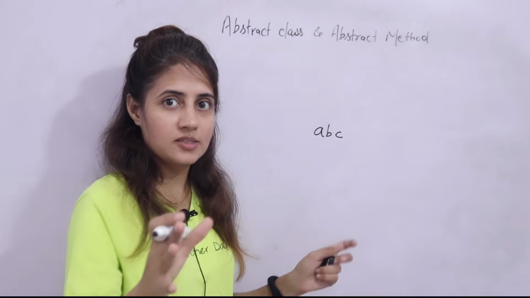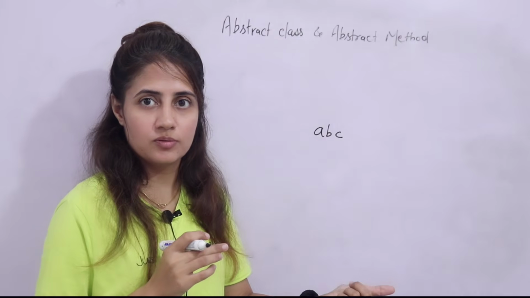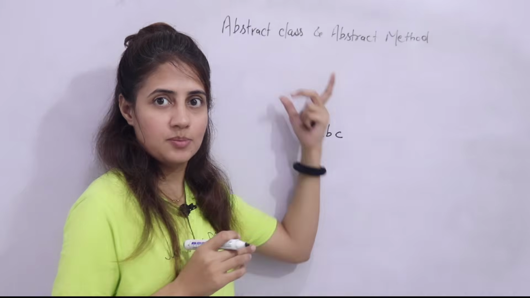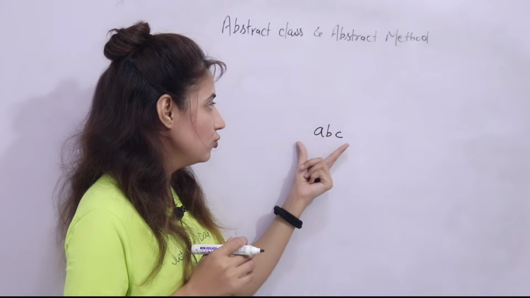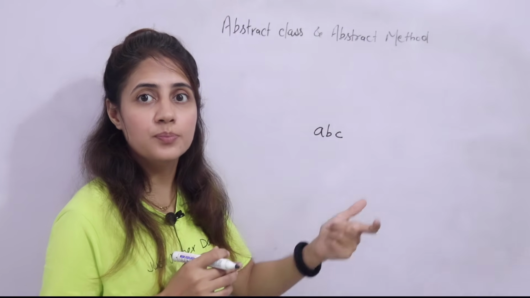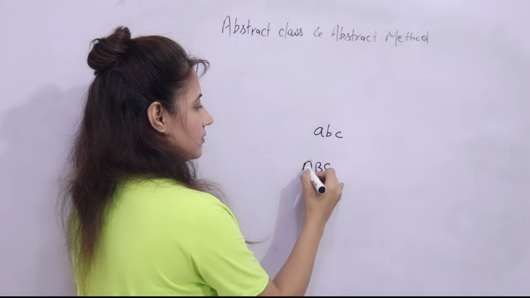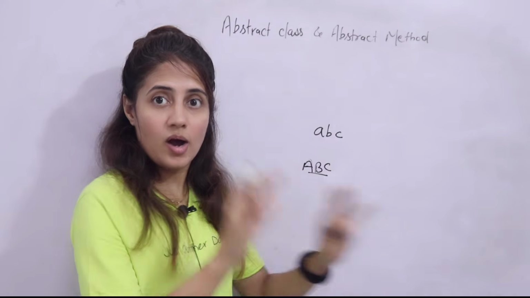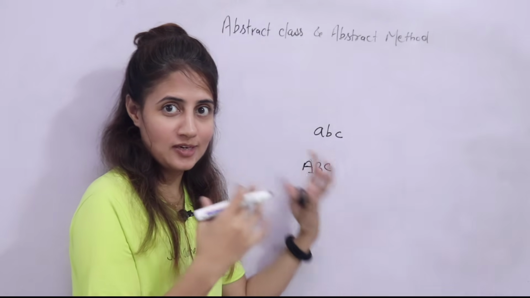Using this module we can achieve abstraction. We can make our classes abstract classes, and we can make methods abstract methods, right? So you have to import this module, or from this module you have to import the ABC class.